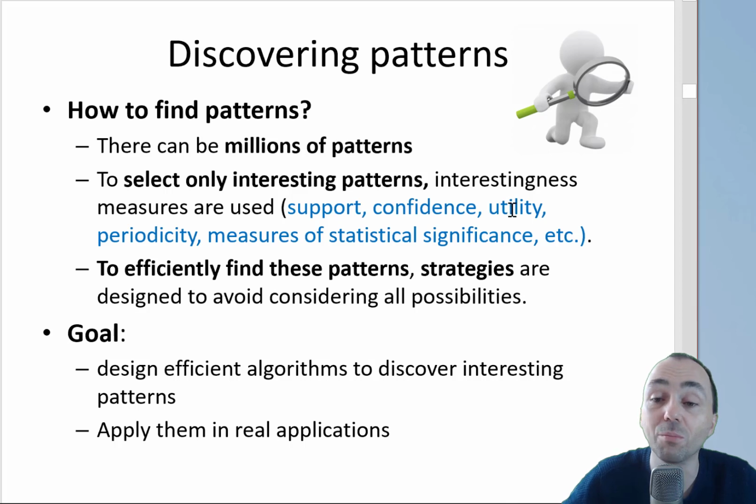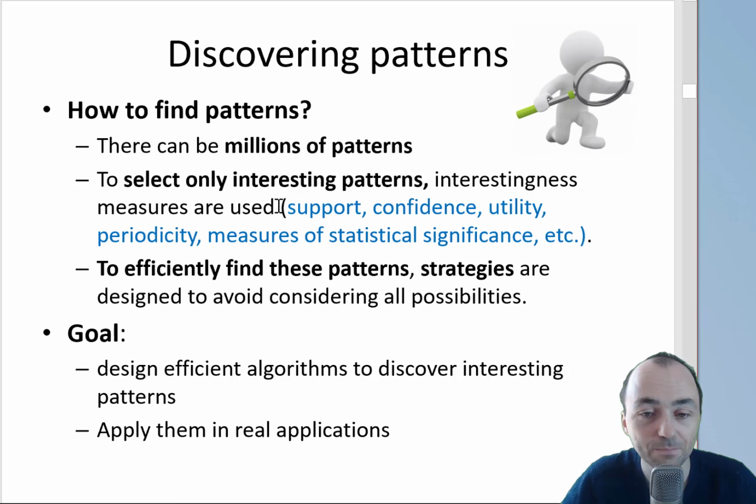Utility means like the money. You want to find what the people buy that makes the most money. So this is another goal, it's different. First you need to think what you want to find, what kind of pattern. Then you choose some measures like the support, the frequency, or the utility like the money, or other things.